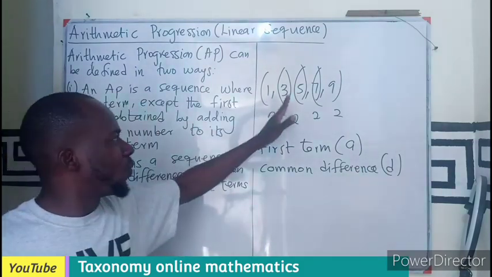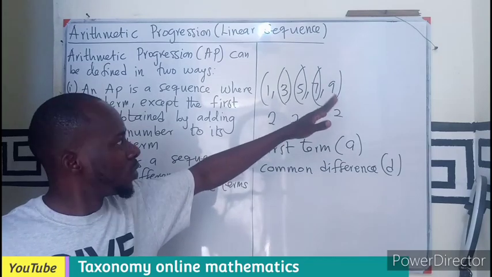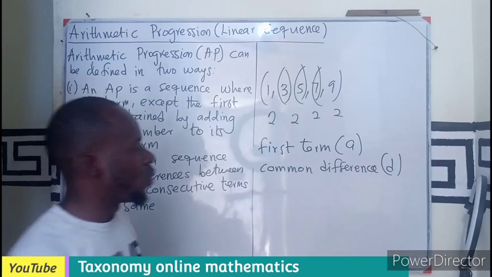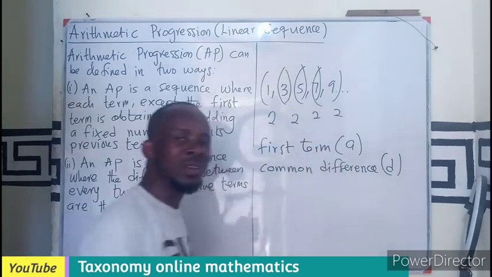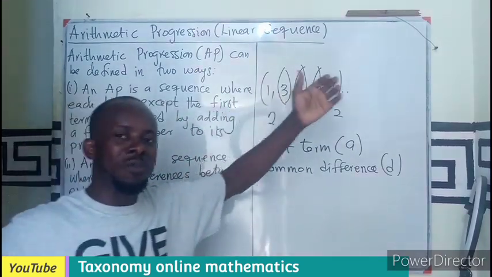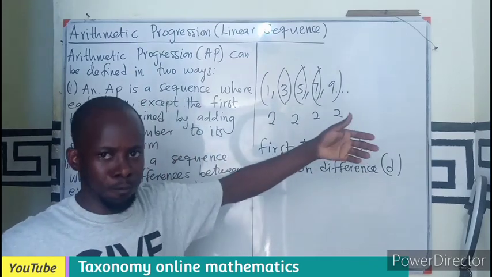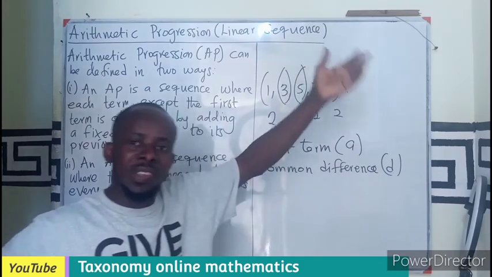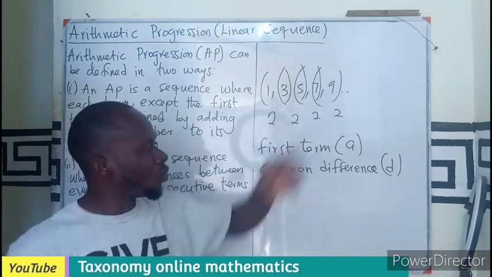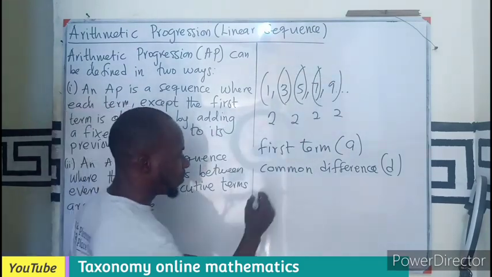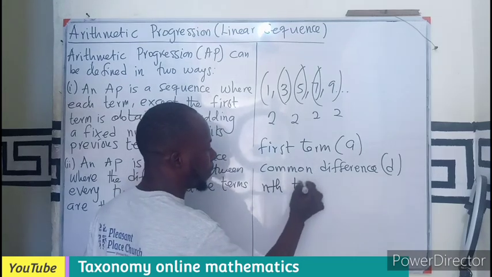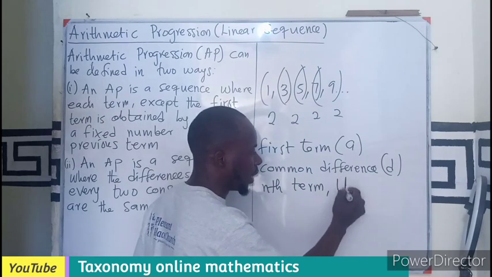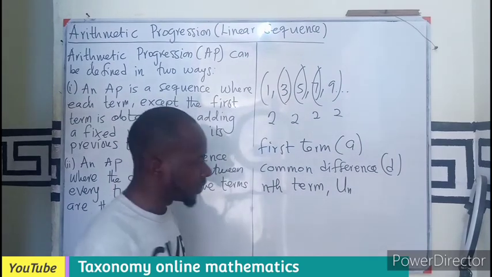Now, if I want to find the number of terms, in this sequence we have only 5 terms because it is finite. It could also be an infinite set, whereby there are other terms which are unknown. So I can be asked to find the 15th term, the 20th term, or even the 100th term. So we can also have what they call the nth term, which in some books we use Un to indicate.